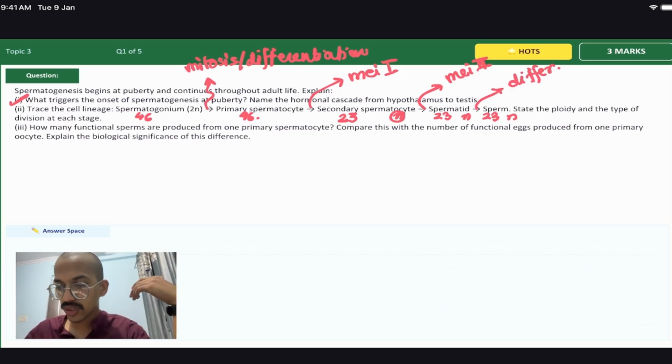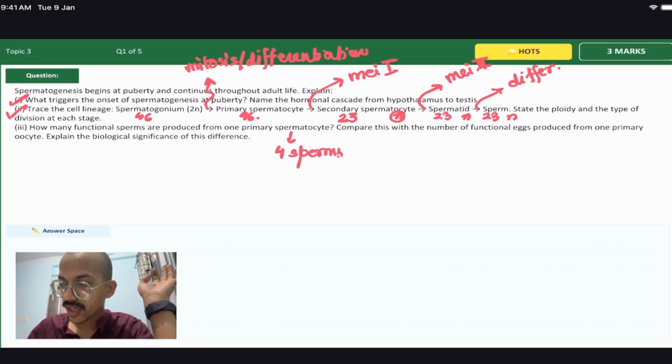Okay, moving on to the third question. How many functional sperms are produced from one primary spermatocyte? From one primary spermatocyte, 4 functional sperms are formed. Compare this with the number of functional eggs produced by one primary oocyte, that is 1 only, 1 ovum.